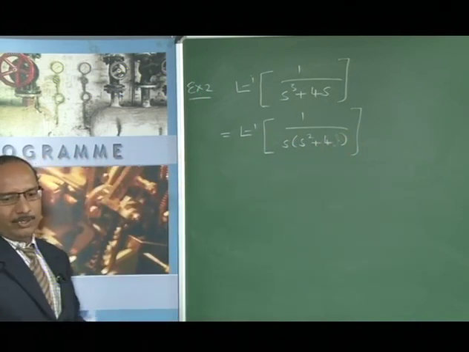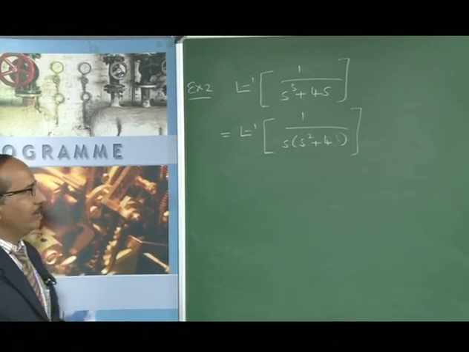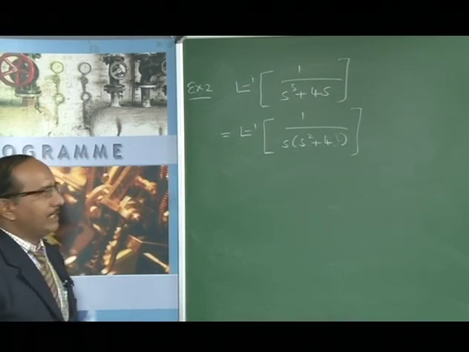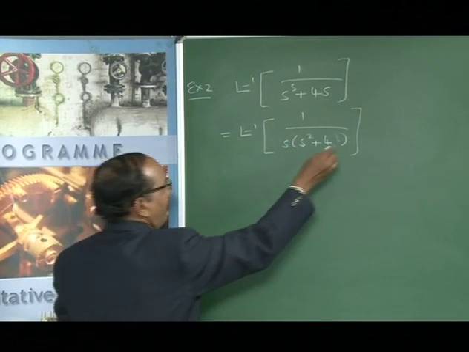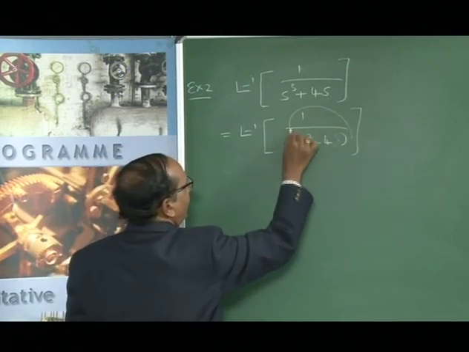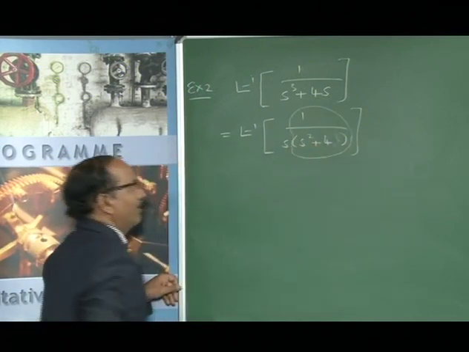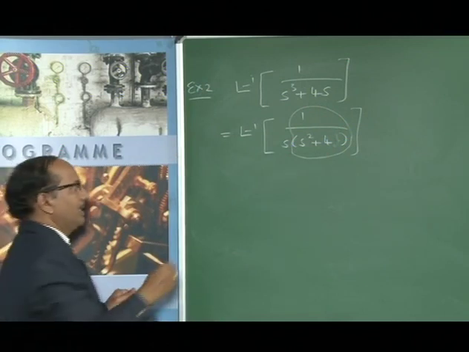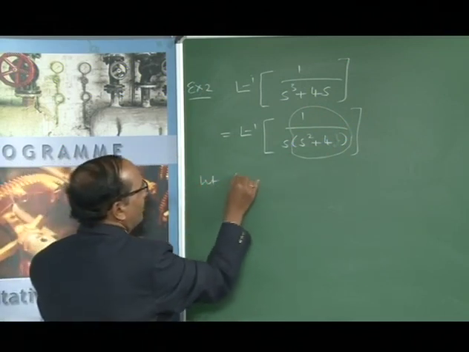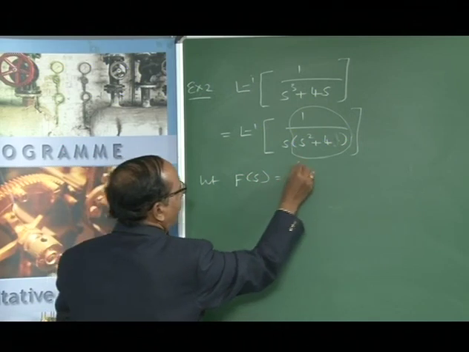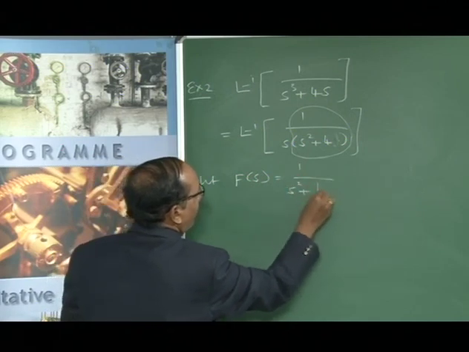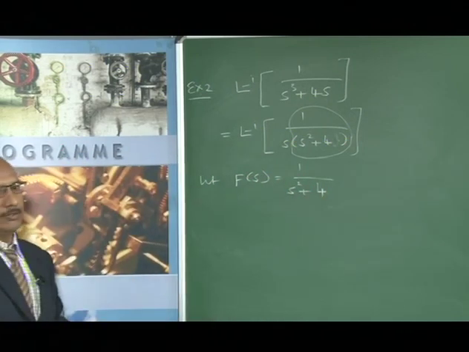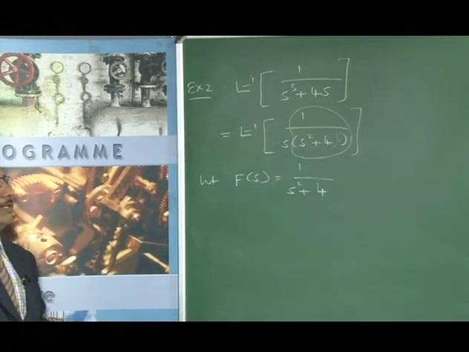Or we can use the inverse Laplace transform using the integral form. Here you identify that one function is F of s, the other one is divided by s. So, consider F of s is 1 divided by s square plus 4. We need to consider F of s whose inverse is known.